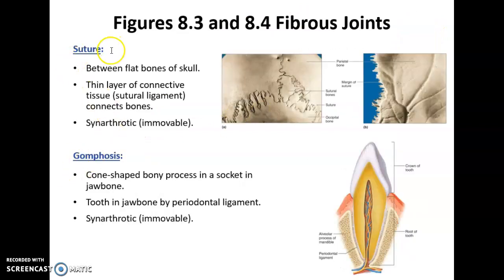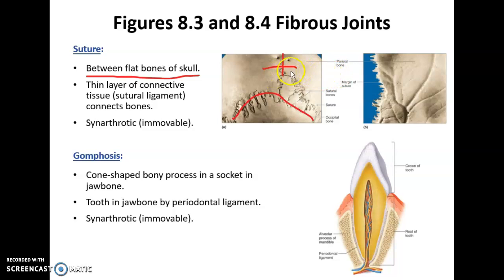The other kind of fibrous joint is the suture, and you remember this because of the skull. The suture is between flat bones of the skull. Between the parietal bone and the occipital bone you have this suture.